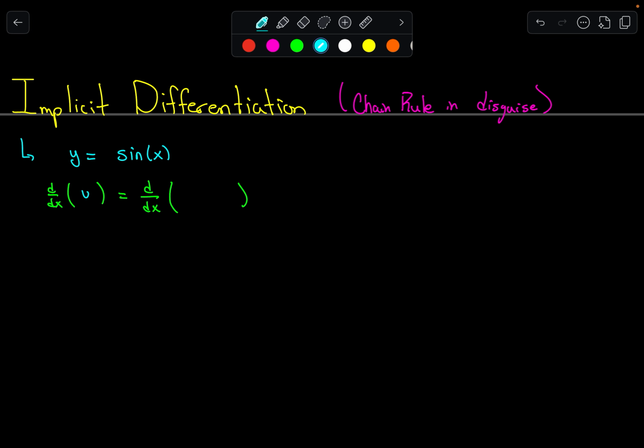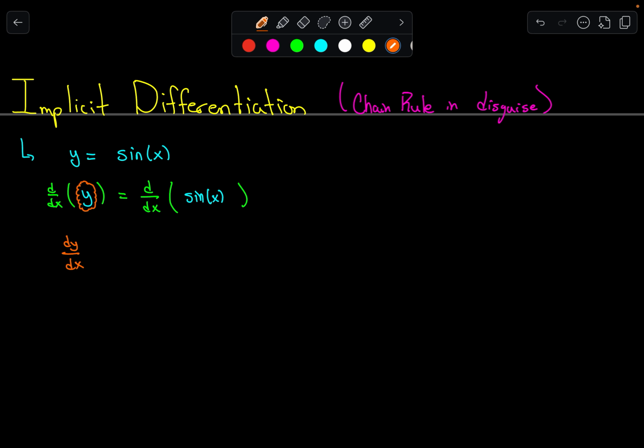So I have my derivative, d/dx of y on the left side, d/dx of sine of x on the right side. On the left side, the derivative of y with respect to x, we can't do anything with it, right? Y is a function, I can't touch it, so we simply just write the notation dy/dx.